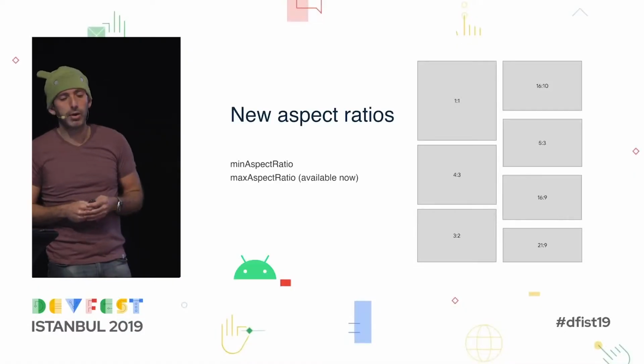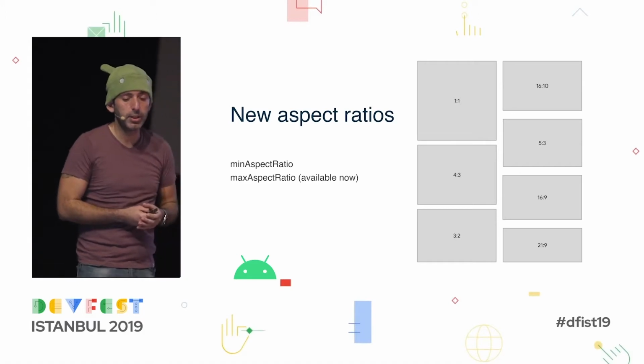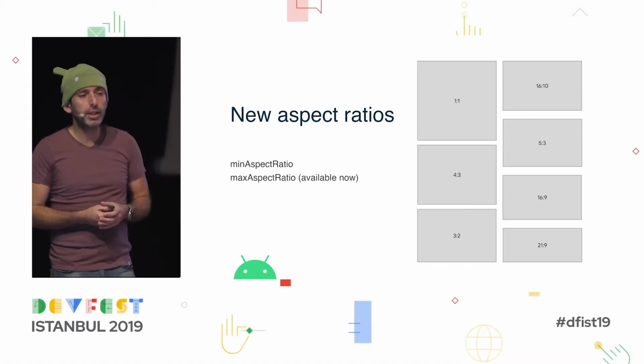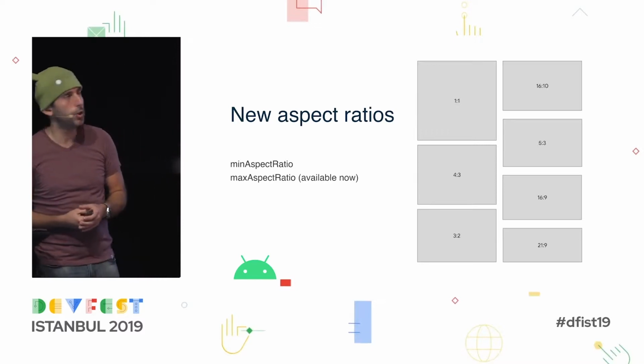With the foldables, there are new aspect ratios, so make sure you test your app with these new aspect ratios. There is also a new property called max aspect ratio. We previously had min aspect ratio, but with Android 10, you can also tell the system, I don't want to go over this aspect ratio with max aspect ratio.